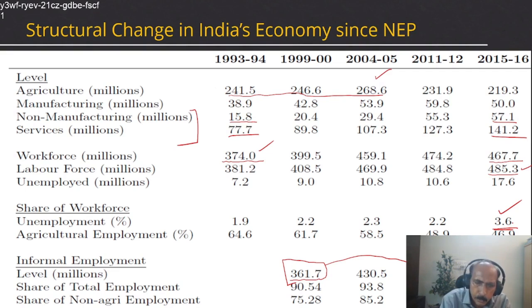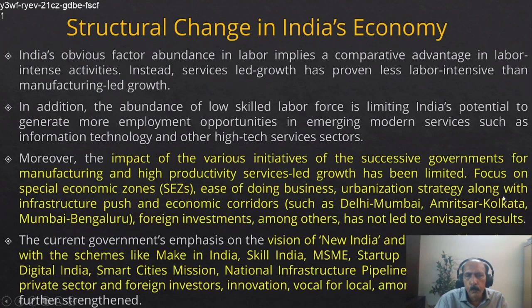So therefore, this indicates that despite the fact that the government has adopted various policies for improving the manufacturing sector, we know that we have the Atmanirbhar Bharat. We also implemented the Make in India scheme. We also implemented the Skill India mission.